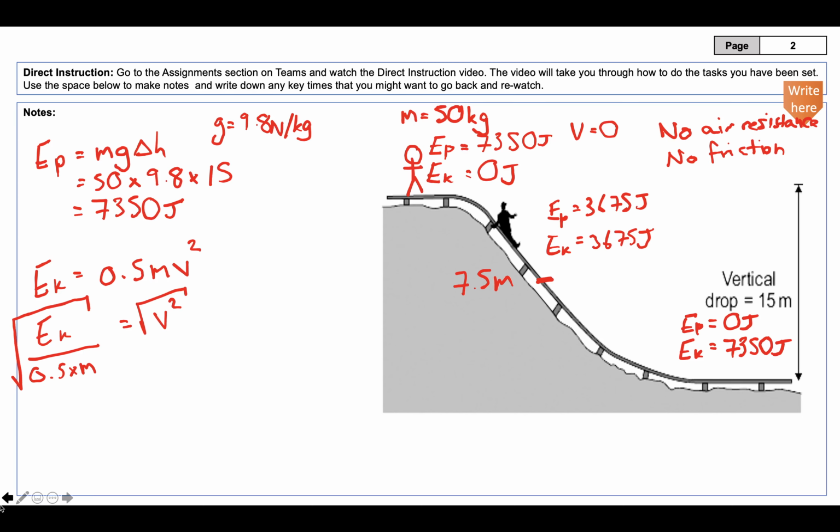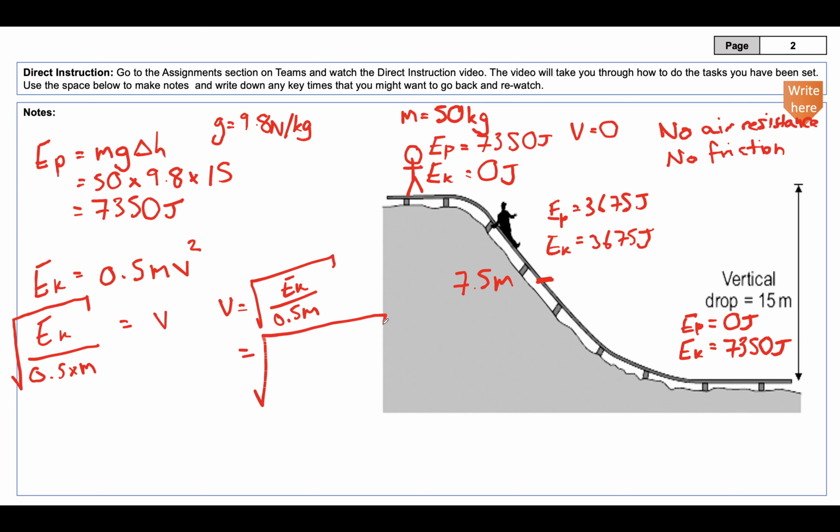So I can rewrite this as just v. So I now have the equation v is equal to the square root of the kinetic energy over 0.5 times the mass. So let's use our numbers from our example over here and see how we get on.